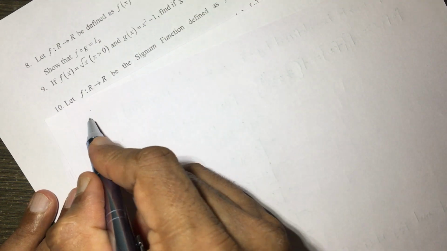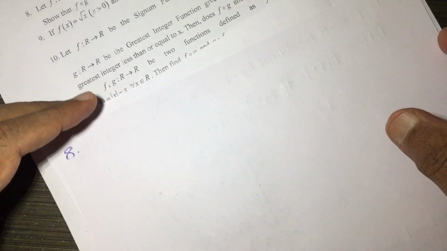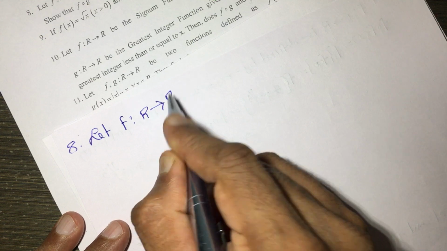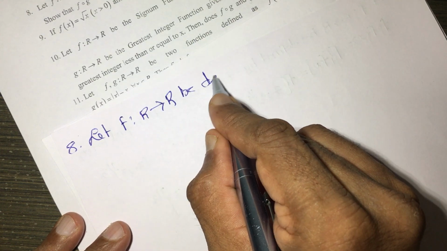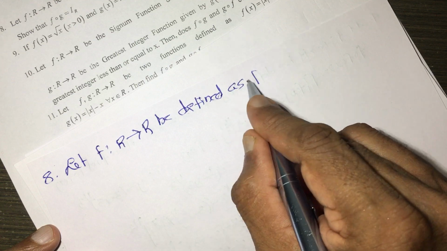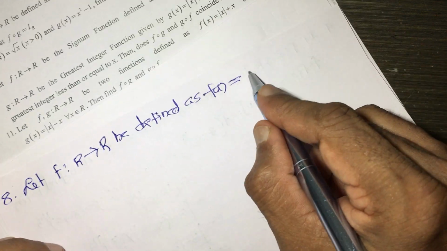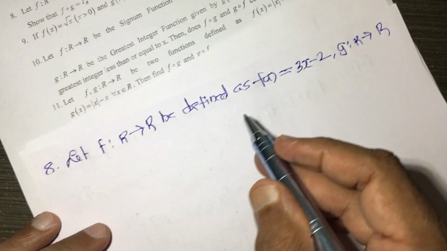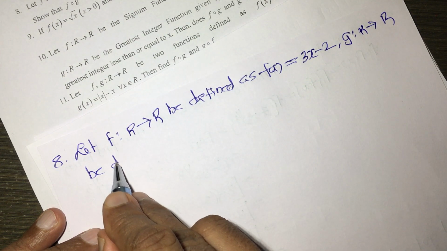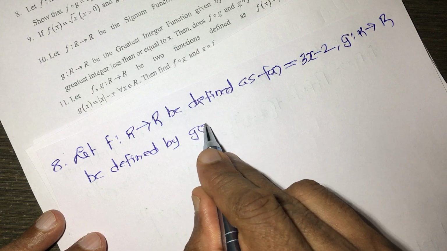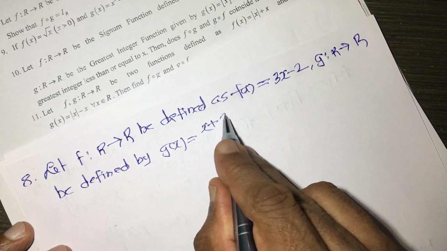Now, after that, the eighth one. Given, let f be a function from R to R defined as f of x equal to 3x minus 2, and g is a function from R to R defined by g of x equal to x plus 2 divided by 3.